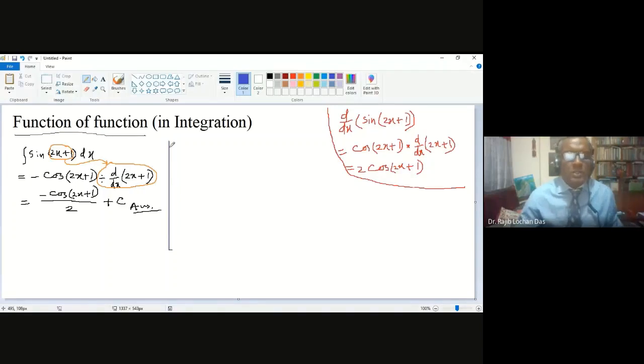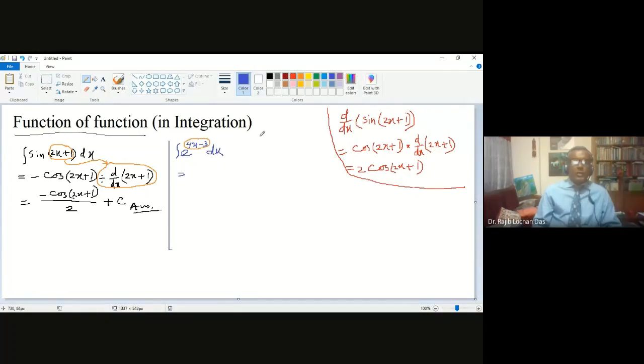Let us take another example. I am doing integration, and this is the function of function concept. It is e to the power 4x minus 3 dx, just as simple as this. So what to do? You again consider that the whole power is your x.